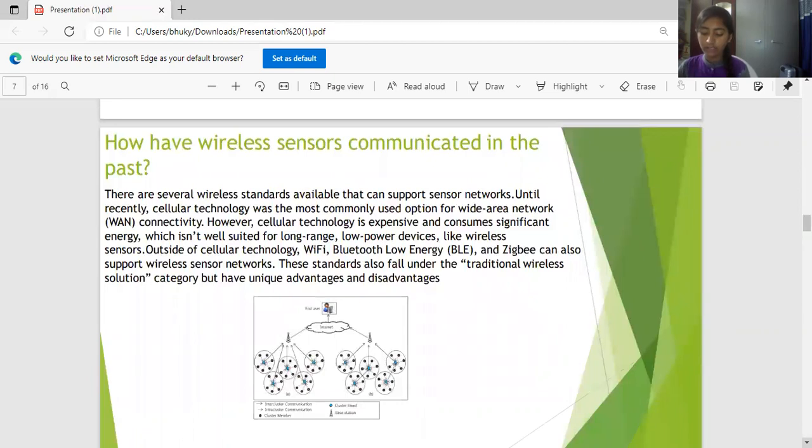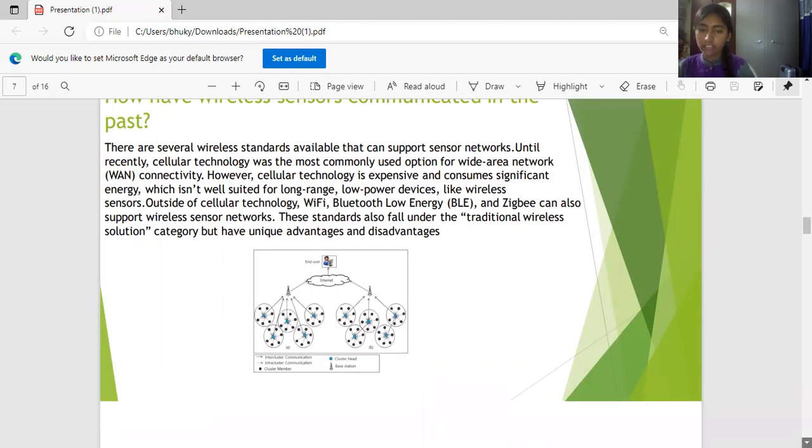There are several wireless standards available that can support sensor networks. Until recently, cellular technology was the most commonly used option for wide area network connectivity. However, it comes with disadvantages. These standards also fall under the traditional wireless solutions categories but have unquestioned advantages and disadvantages.